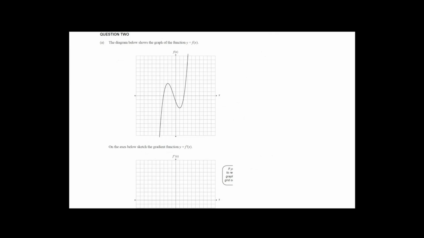On to question 2. The diagram below shows the function y equals f of x, and they want you to sketch what f prime of x is going to look like on the scales below. So from negative infinity to this point here, it's positively sloped.